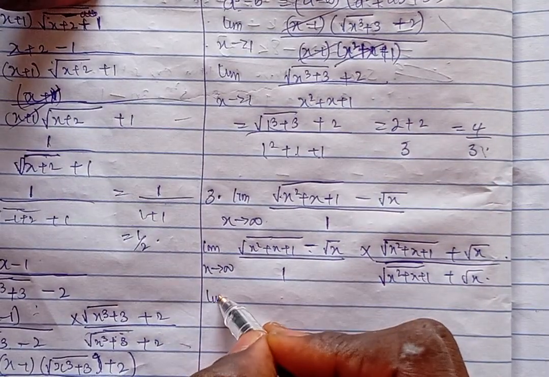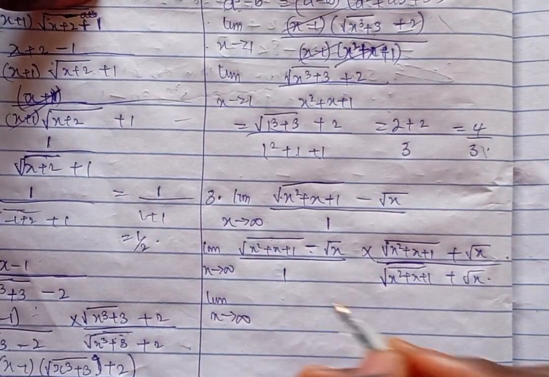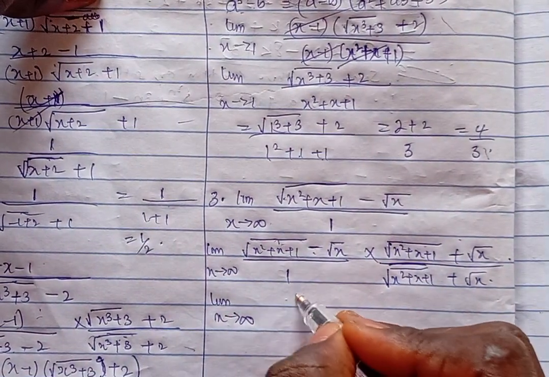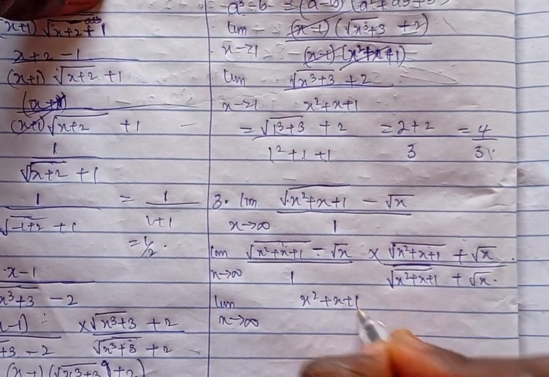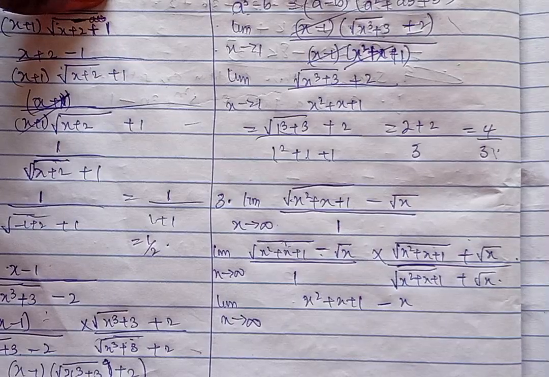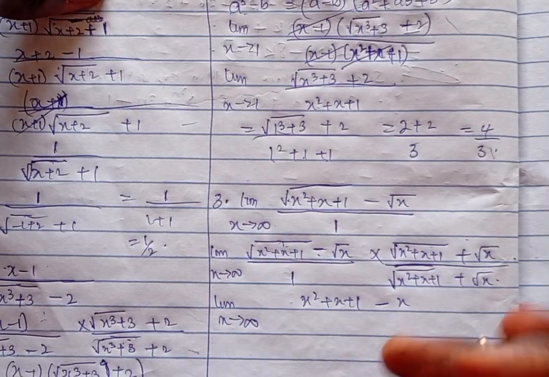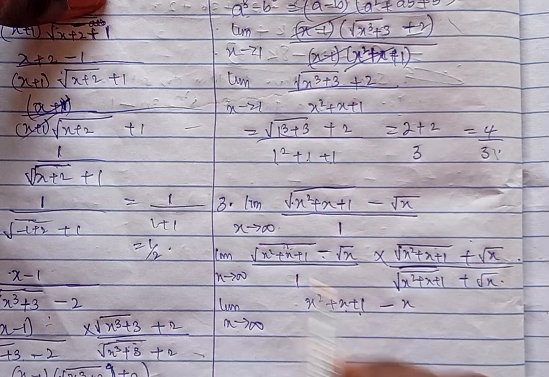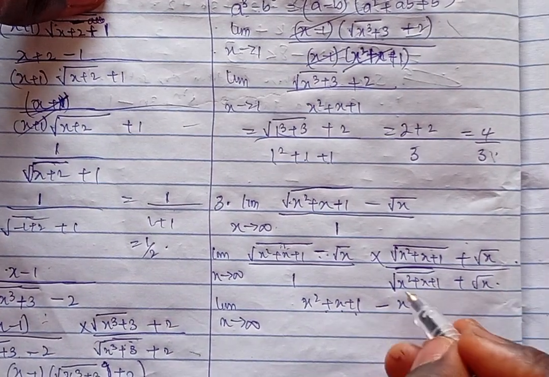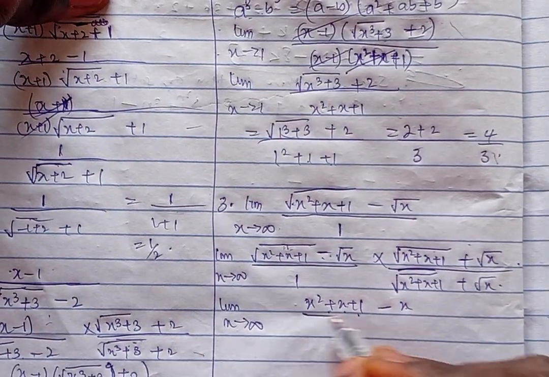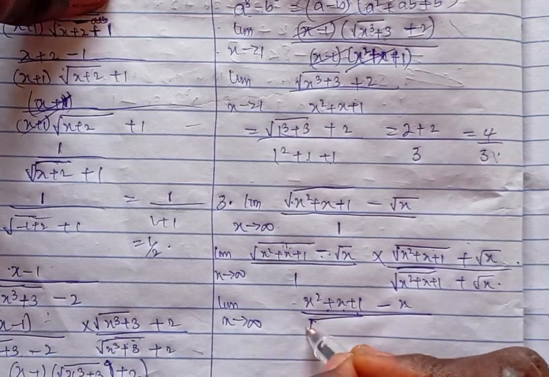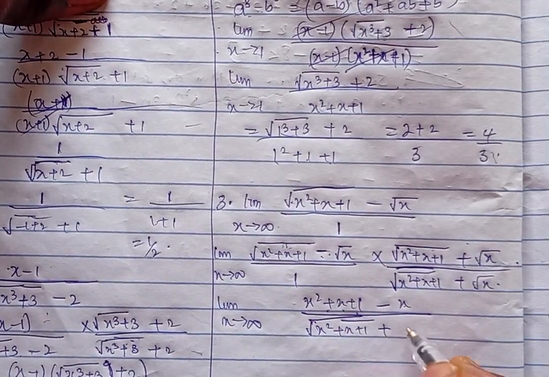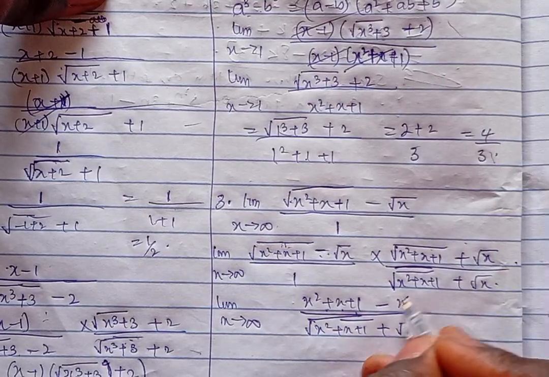So you have that the limit as x tends to infinity, using the difference of two squares, x squared plus x plus 1 minus x. Do you understand? Because this one all squared, minus this one all squared. So you have only x, divided by square root of x squared plus x plus 1 plus square root of x. So x can cancel x.